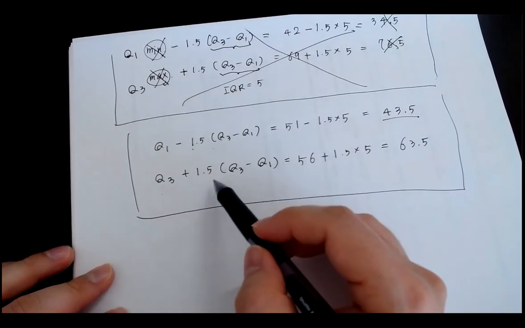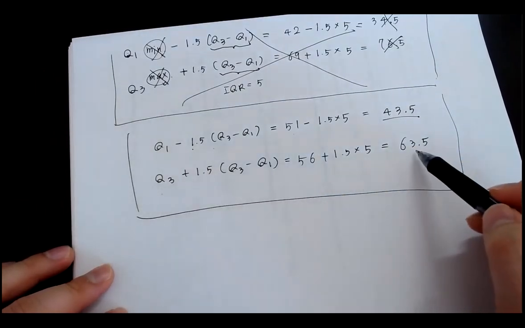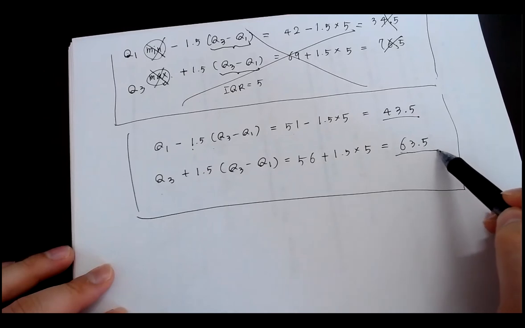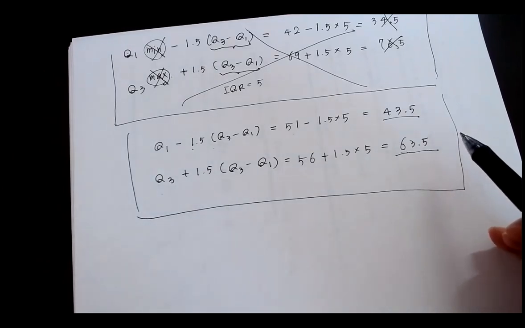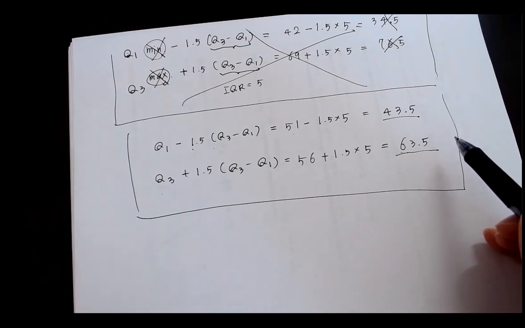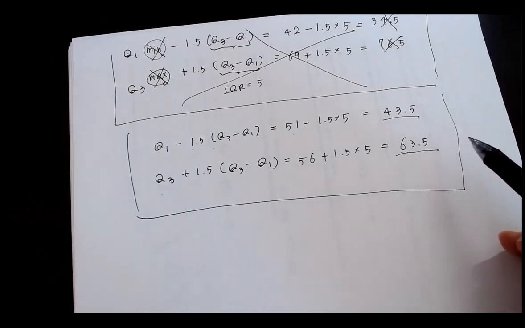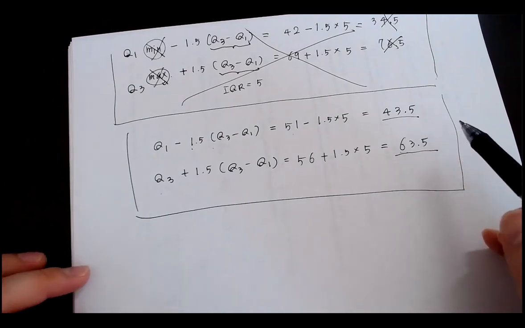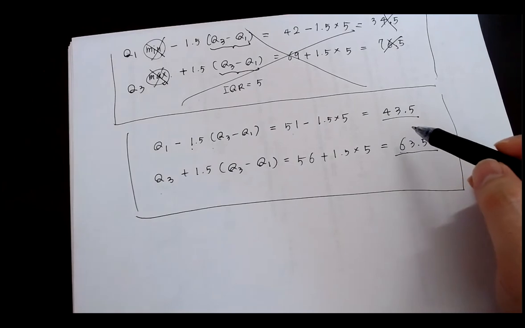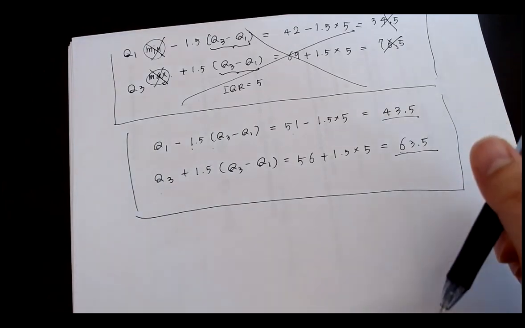And Q3 plus 1.5 times IQR, we get 63.5. So is 69 an outlier? Yes, because 69 is greater than 63.5. And is 42 an outlier? Yes, because 42 is less than 43.5.